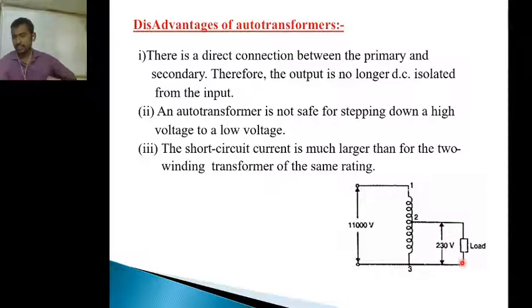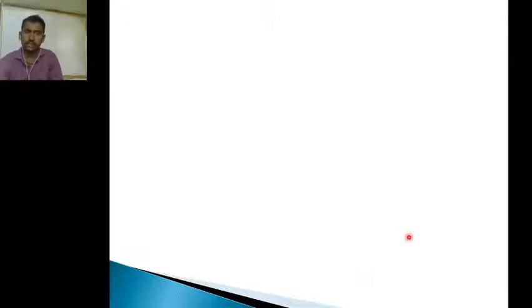So if you make the short circuit, then some winding will also be short circuited, because those two are connected in parallel. Then the short circuit current will become more when compared with the two winding transformer, because there is reduced opposing resistance and opposing reactance. So these are the disadvantages of the auto transformer.